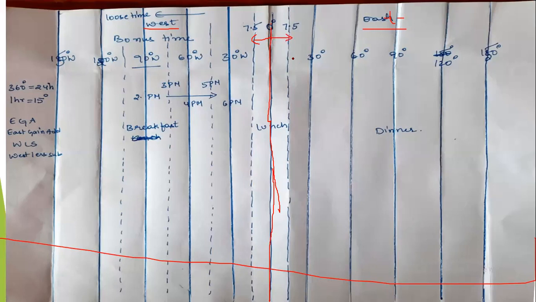This is the 0 degrees prime meridian line, and I am dividing each longitude into 30 degrees. Here 30, 60, 90, 120. In total we have 360 degrees. In 360 degrees, we have one day, which means 24 hours.